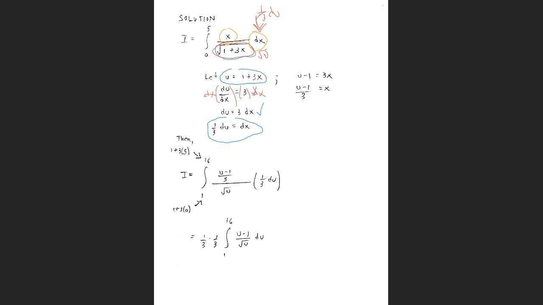Okay, and that's great. We're almost there, right? But now we have to worry about this x here. Well, if u equals 1 plus 3x, then it follows that u minus 1 equals 3 times x, and so (u minus 1) over 3 equals x.